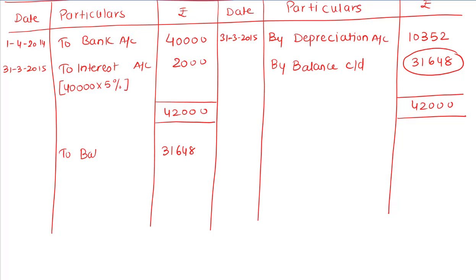This would become the opening figure 31,648. To balance brought down, the date would be 1st April 2015. Now, on the closing date 31st March 2016, charge interest to interest account, 31,648 multiplied by 5%.